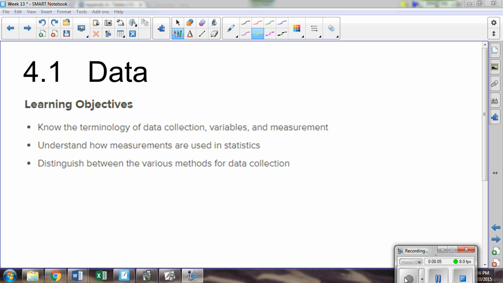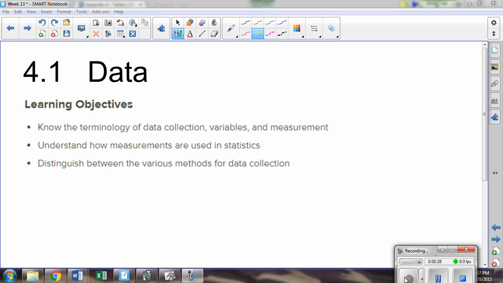In this video, we are going to discuss section 4.1, which is the data section of the data collection chapter. You may recall when we were discussing the introduction for this unit, we mentioned that a massive amount of our learning objectives are knowing the vocabulary. And that's actually learning objective number one.